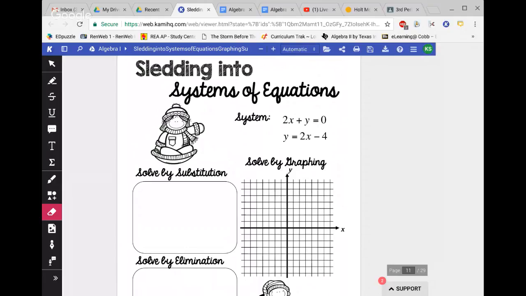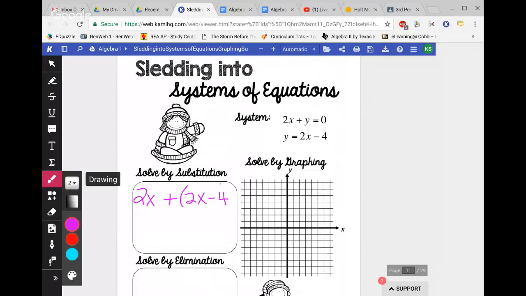For substitution on this one, we've got y equals 2x minus 4. So what would you do? I just plugged in the 2x minus 4, and I did equals 0. Good job, that's exactly it. So now we'll combine like terms and then add 4 to both sides.